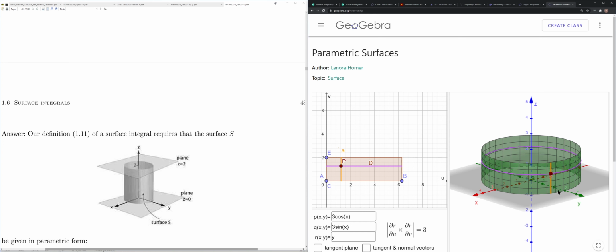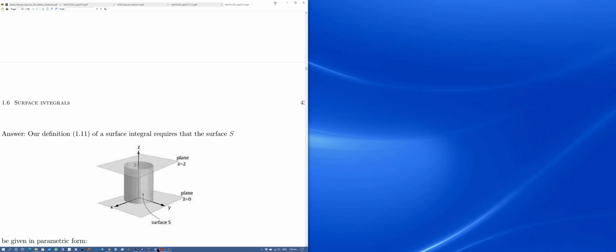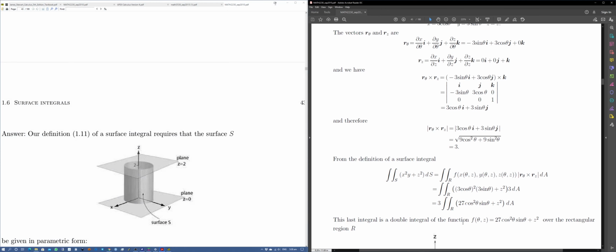That is what the r theta cross rz is doing for you. It's a scaling factor between these two areas. But anyway, from the point of view of working out the calculation, I need the r theta cross rz, and we work that out.